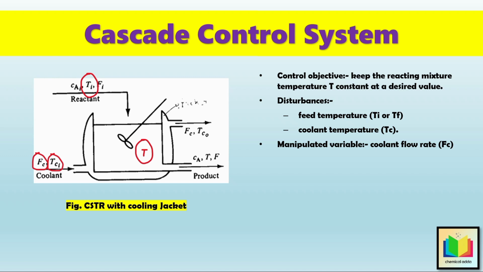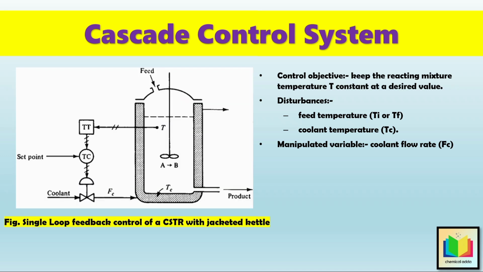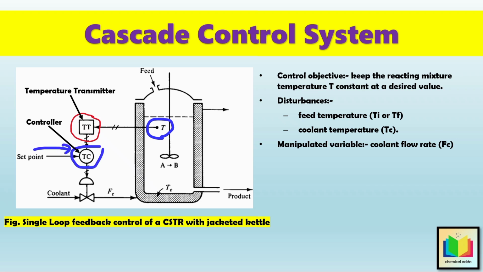Now, first let's understand how a single loop feedback control system controls the system if these two disturbances happen. If we use only a single loop feedback control system, we measure T and adjust FC directly. Firstly, temperature transmitter TT measures reaction mixture temperature T. Then this value is sent to the controller, TC, which compares this temperature with the set point.